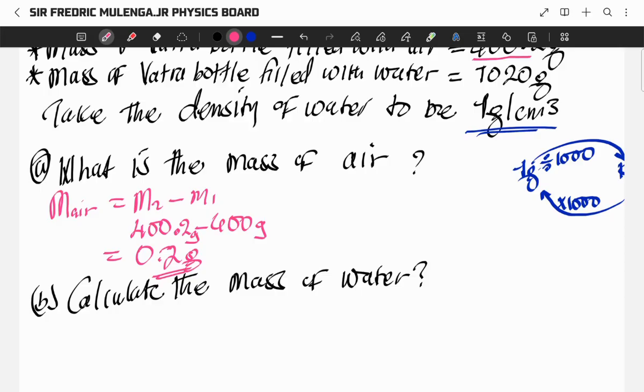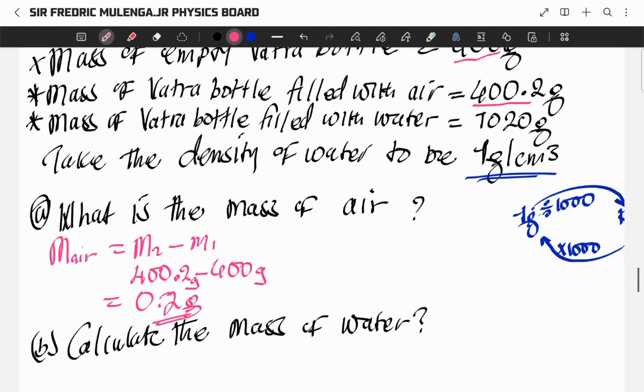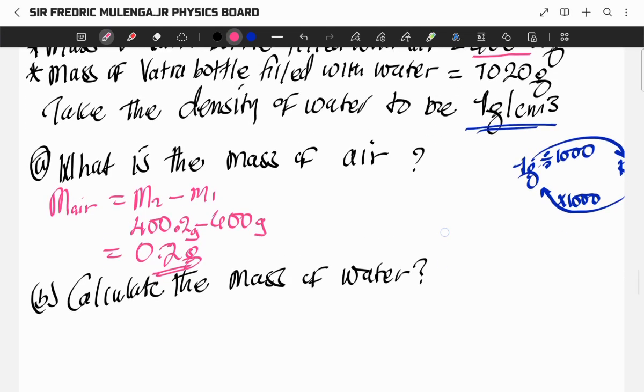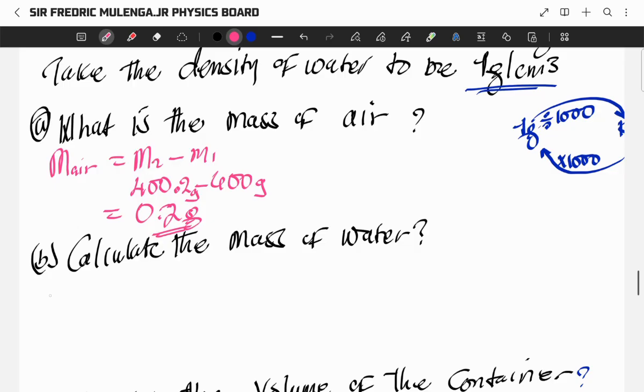Then we go to calculate the mass of water. Again, the same bottle was used to fill water. They're saying the mass of the bottle filled with water was that. So same formula: the mass of liquid is equal to mass 2 minus mass 1.